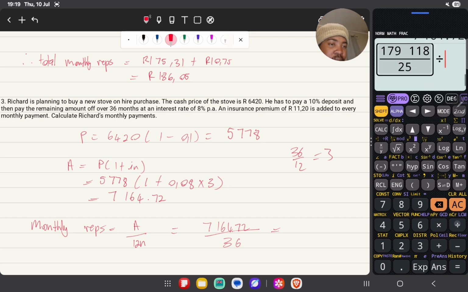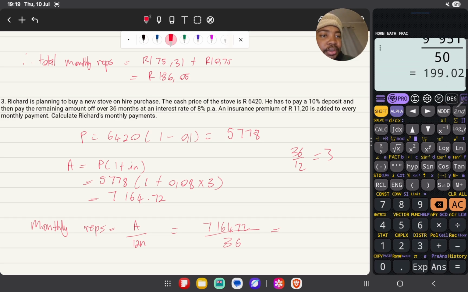This is how much money we'll be paying at the end of every month.